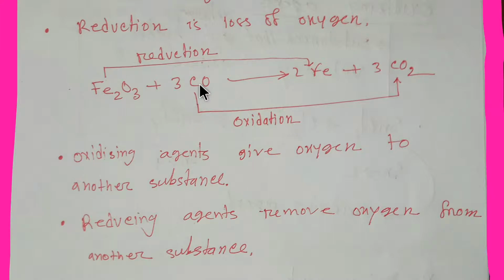Here carbon monoxide is a reducing agent because it is removing oxygen from ferric oxide. So reducing agent will take oxygen from oxidizing agent, right? Oxidizing agent is reduced, and reducing agent is oxidized. Please remember it.